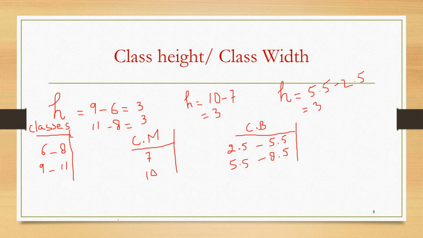If we use upper class boundaries, then 8.5 minus 5.5. What will the answer be? 3. So whether you use lower boundaries or upper boundaries, you will get the same class height.